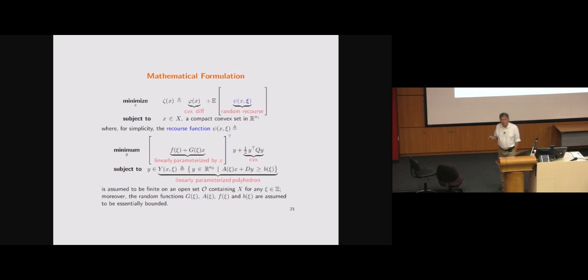When we did the paper, we made a simplifying assumption that this is finite basically everywhere on a set that contains X. So the recourse function is finite, but it may not be differentiable. Also the optimal solution may not be unique, because this is only a convex function. But we assume the recourse function is finite.